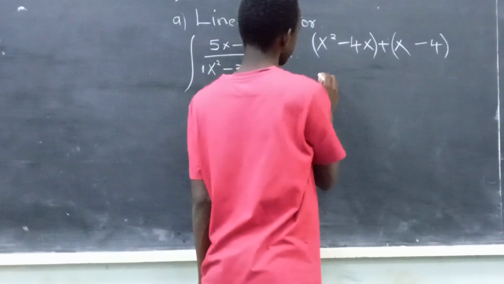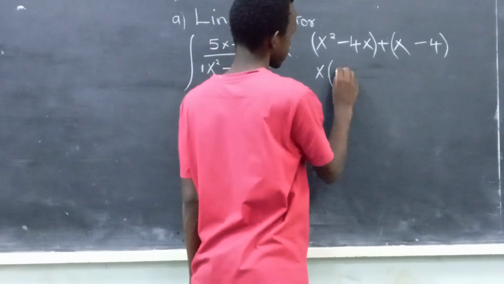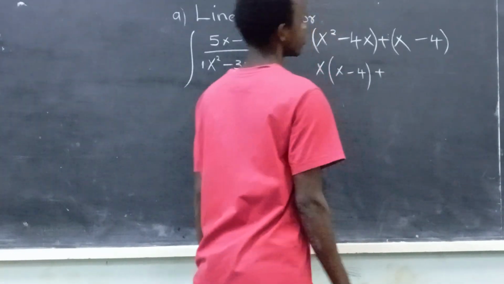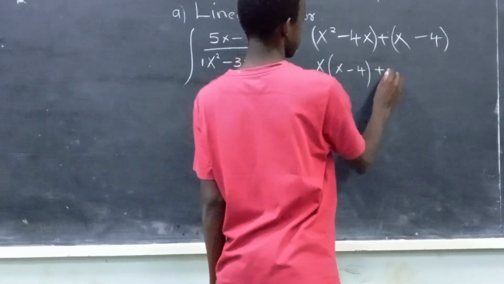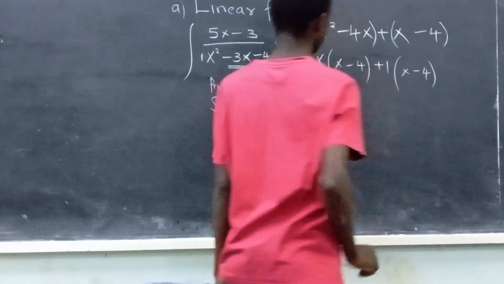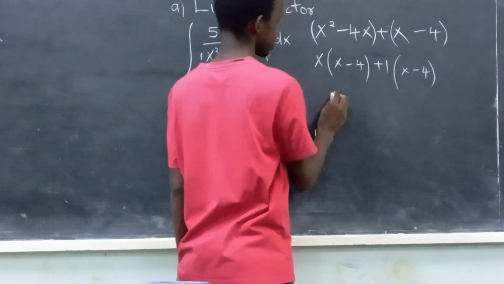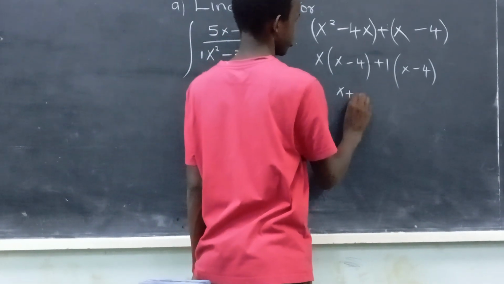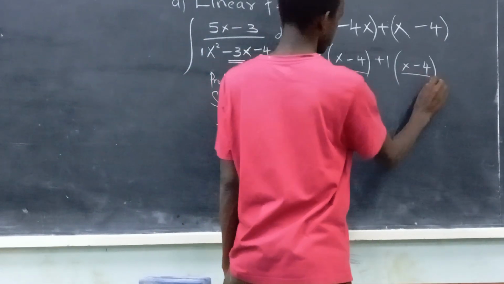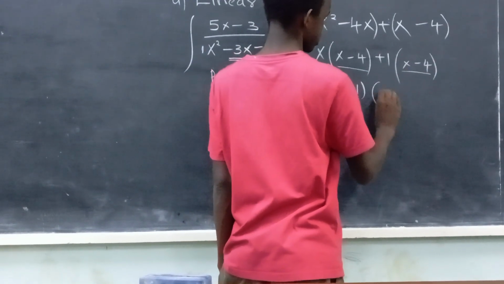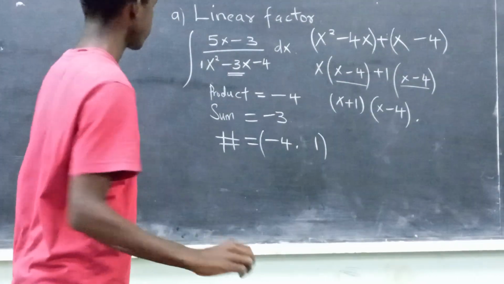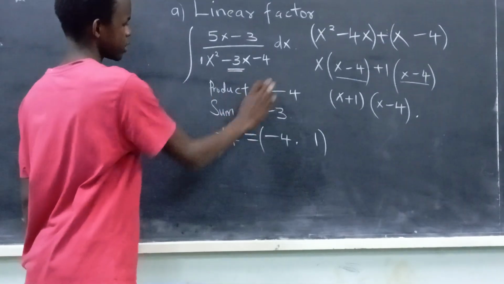Factor out x from the first part, so you get x into x minus 4. Then from the second part, it's just +1 into x minus 4. Joining them together, we get x plus 1, and taking the other part, x minus 4. These are the two factors for the denominator of this quadratic function.